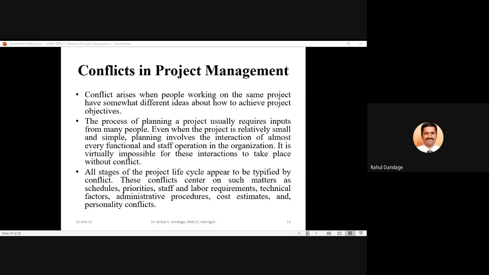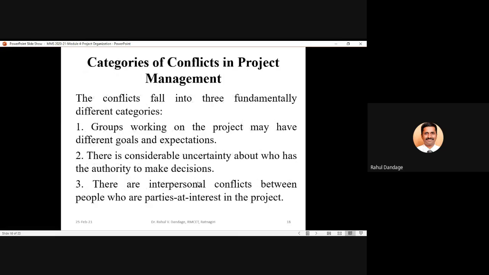Based upon the behavioral aspects, and aspects like how to negotiate, how to talk to people, and adjusting with each other, there will always be conflicts among the team members. So these are the different categories in which the project management conflicts will lie.